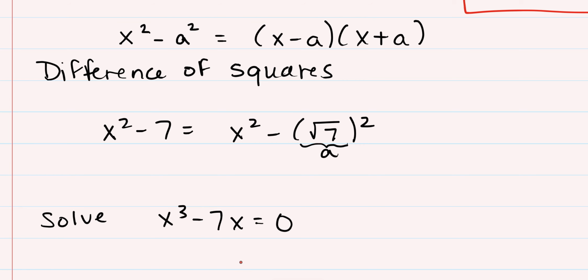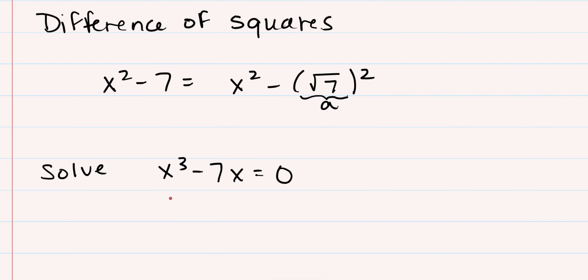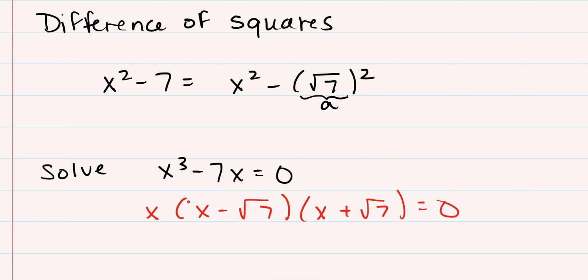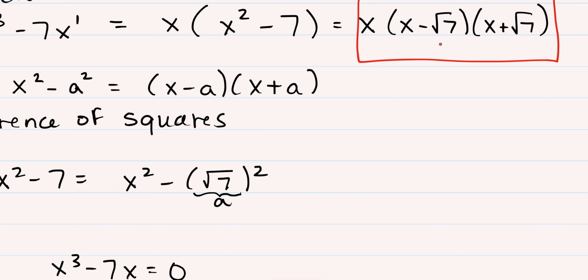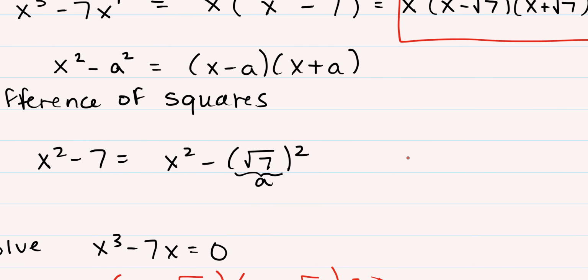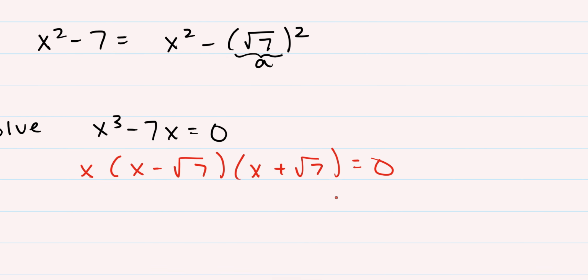Let's solve x cubed minus 7x, and I'm going to plug in that factored form, which was x times x minus the square root of 7, and x plus the square root of 7 is equal to 0. I'm just substituting that in. This is what we have here. And so we set each piece equal to 0.